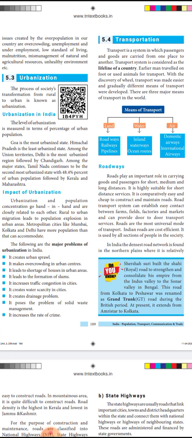It brings all the people together by providing national integration, and it also moves bulky products and perishable goods from one place to another. They also transport raw materials to industries and finished goods to markets. Indian Railways' network is the largest in Asia and second largest in the world.